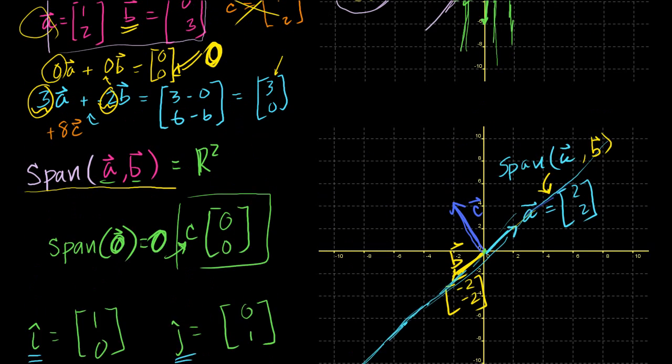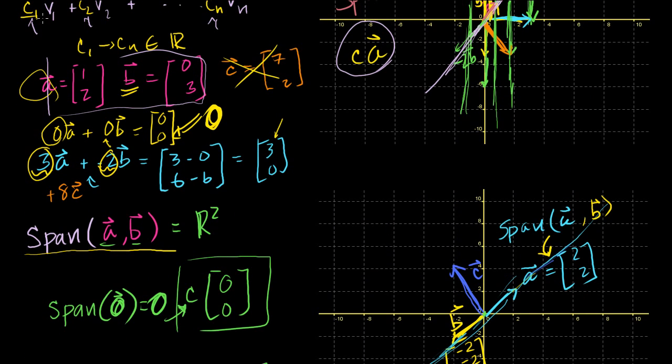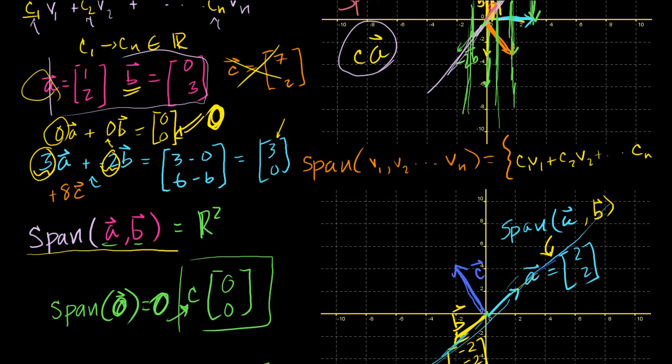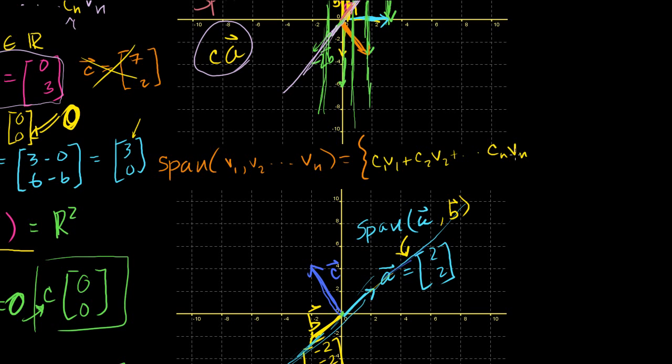But let me just write the formal mathy definition of span, just so you're satisfied. If I were to write the span of a set of vectors, v1, v2, all the way to vn, that just means the set of all of the vectors where I have c1 times v1 plus c2 times v2, all the way to cn vn.